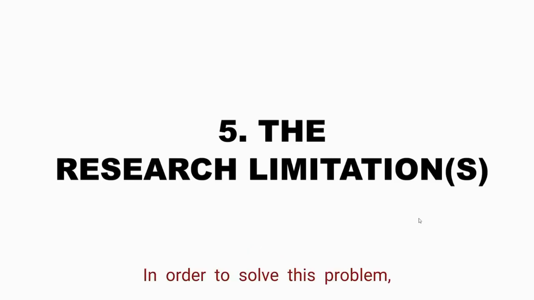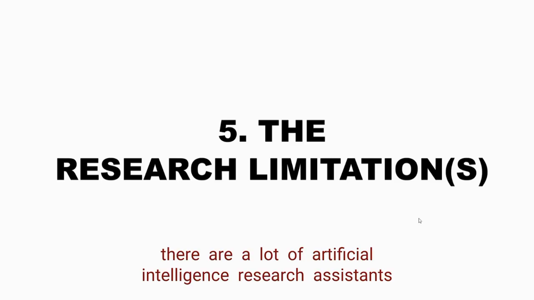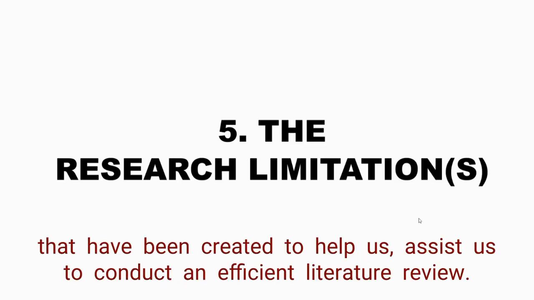In order to solve this problem, there are a lot of artificial intelligence research assistants that have been created to help us, assist us to conduct an efficient literature review.